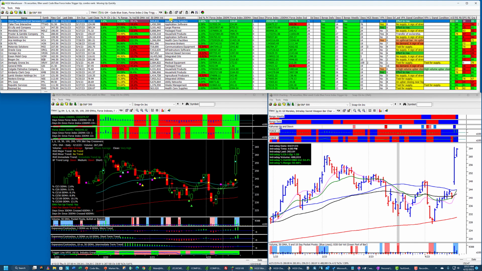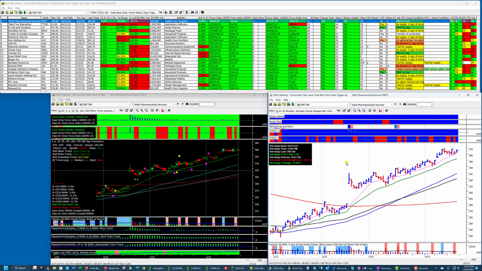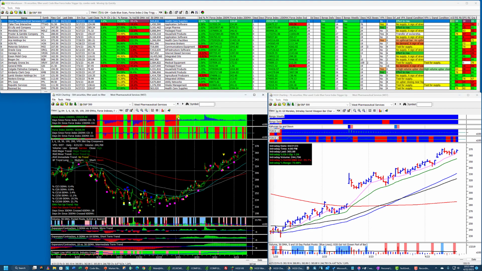Volume is down, trades 544,000, but look at this chart. Look how tight this thing is. You can see that the ribbon started clear back here. I'm going to zoom out on this one so you can see where the force index 13 kicked in. And it has been positive all of that time.